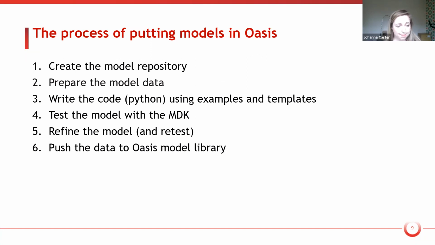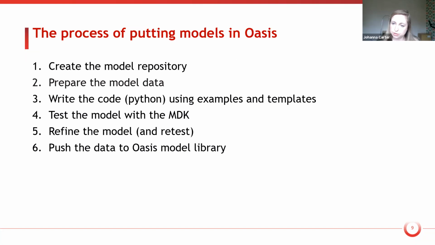The fourth step is testing the model. So you would install the model development toolkit and test it. You might find that you need to refine the model and make some changes, because if you're starting from an existing model, you may need to ensure that the Oasis version of it produces the same results to an order of magnitude.